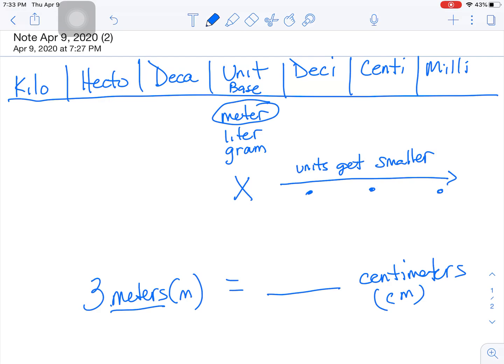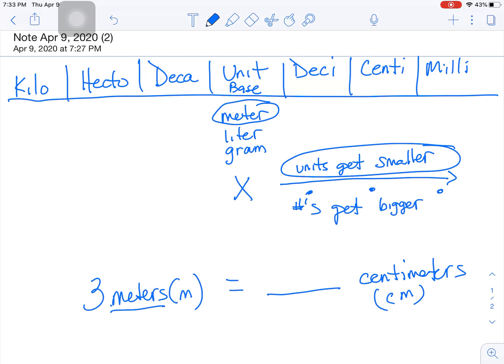So these are like fractions. I'm taking something big and I'm chopping it up. So anytime I move to the right, even though my unit gets smaller, the numbers are going to get bigger, okay? Numbers get bigger, and this will be on a conversion chart that you've seen.